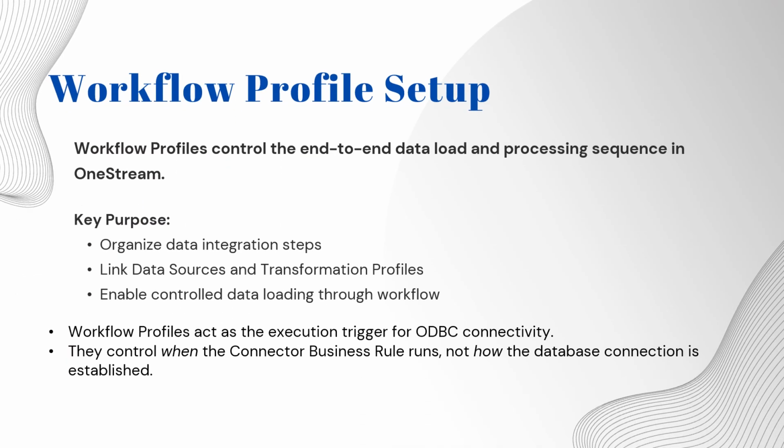Now that our connector business rule and data source are set up, we need to tie it all into a workflow profile. They organize the data load process and link data sources and transformation profiles.